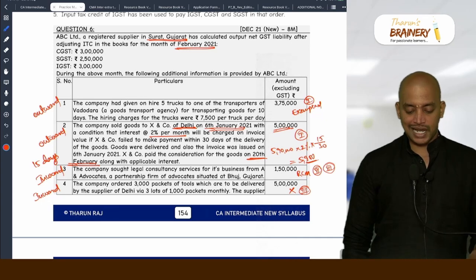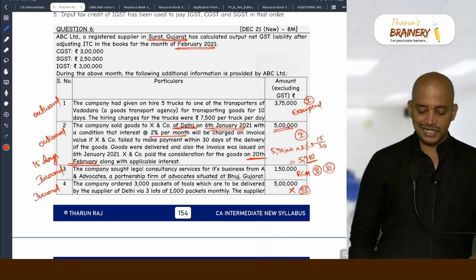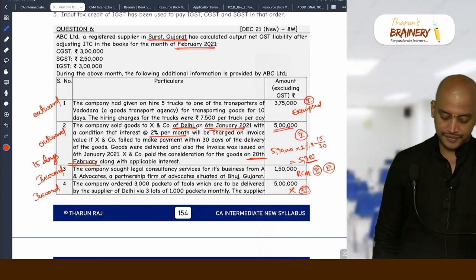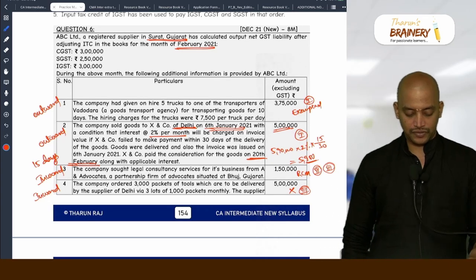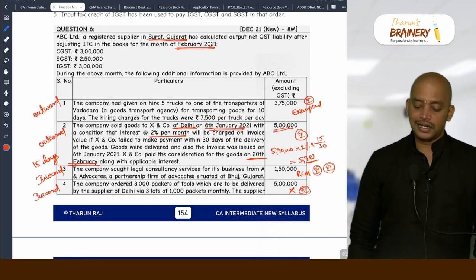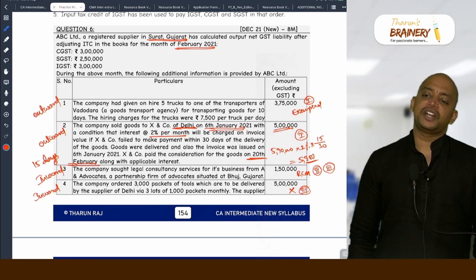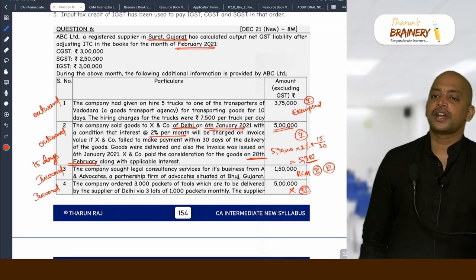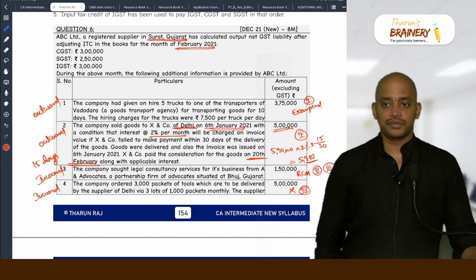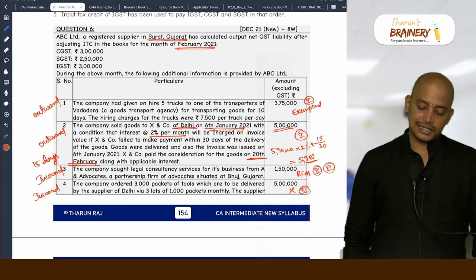Then hiring of trucks. Value 3 lakh 75, dash dash dash, and in the exam you need to write the note that it is exempted.